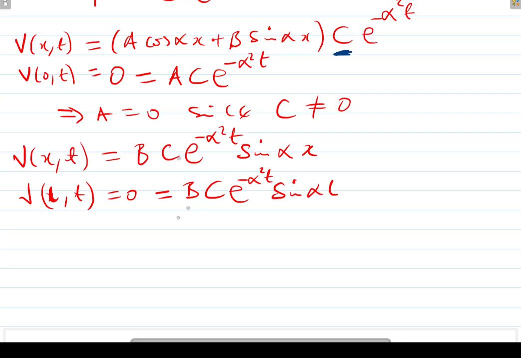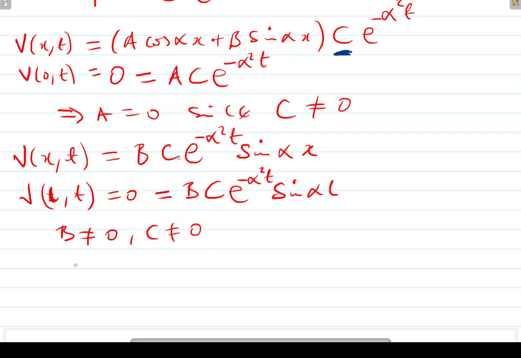Do you know why b cannot be 0? We have already said that a is 0 from this one. If b becomes 0 also, again we go to a trivial solution. That's not what we are looking for. So b cannot be 0, and c already cannot be 0 because we have already said that.